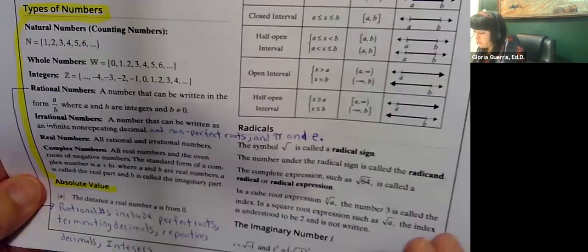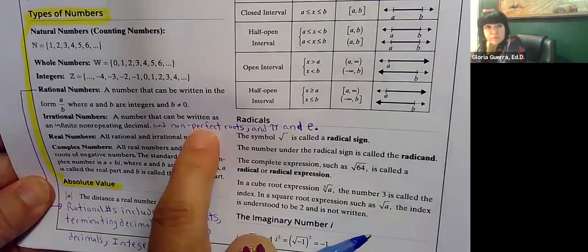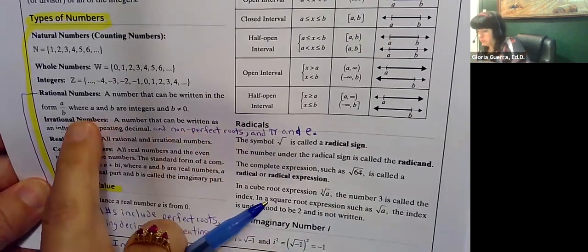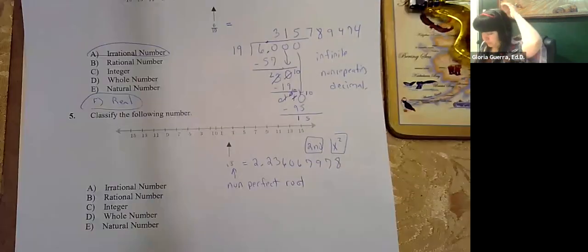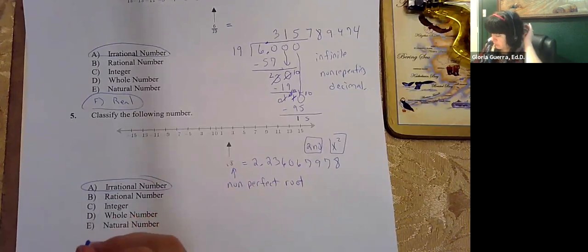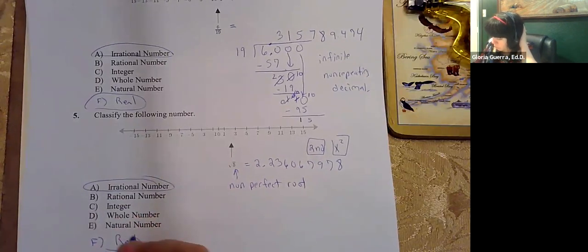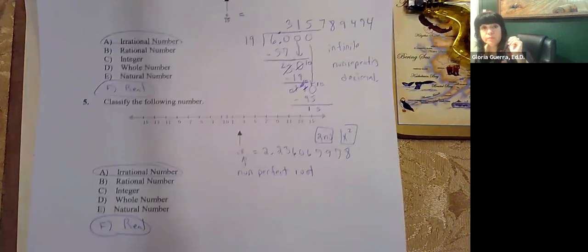So non-perfect roots are right here, see? Non-perfect roots. Those are irrational numbers. And then it's going to be still a real number. Okay.